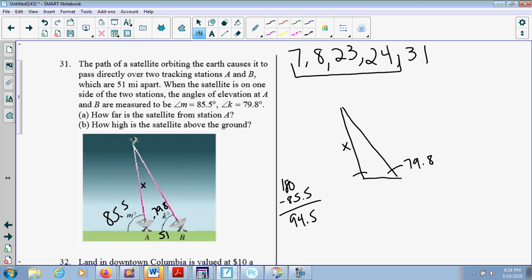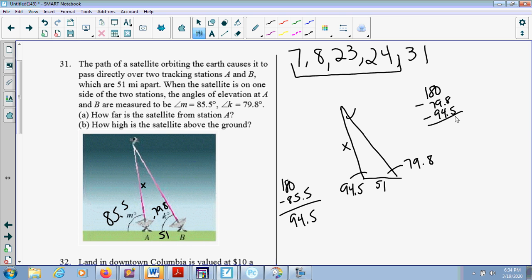So inside here, we've got 94.5, and we know this is 51. So it'd be nice if we had an opposite pair. It doesn't look like we have one right off the bat, but we can get one pretty quickly by finding this remaining angle. So 180 minus 79.8 minus 94.5.